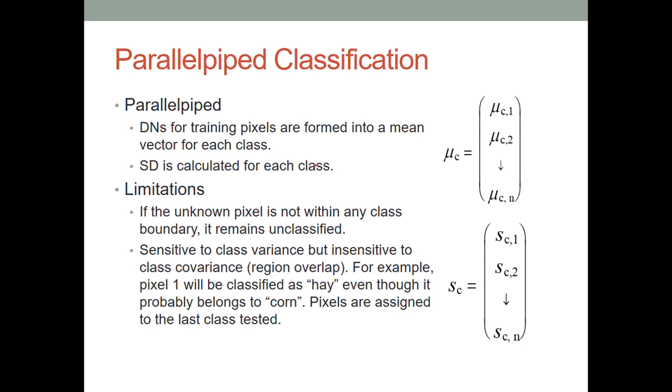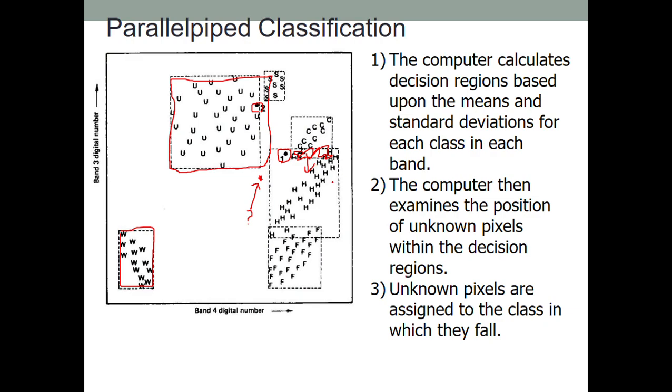It goes through the sequence of the classes, and given that A is the later one, the unknown pixel will be assigned to the later class being analyzed. It's not the first one.